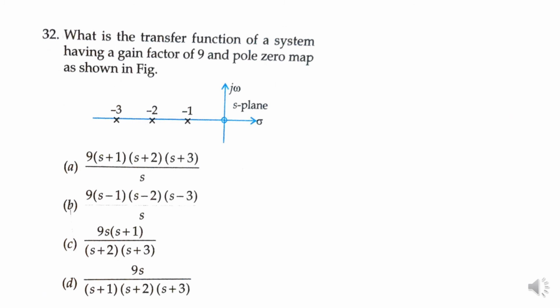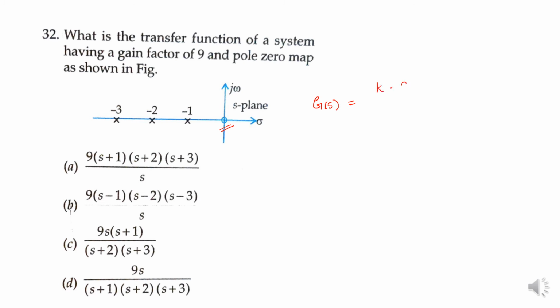Next, what is the transfer function of the system having a gain factor of 9 and pole-zero map as shown in the figure? There is one zero at the origin, and the remaining 3 poles are available. How to write this?